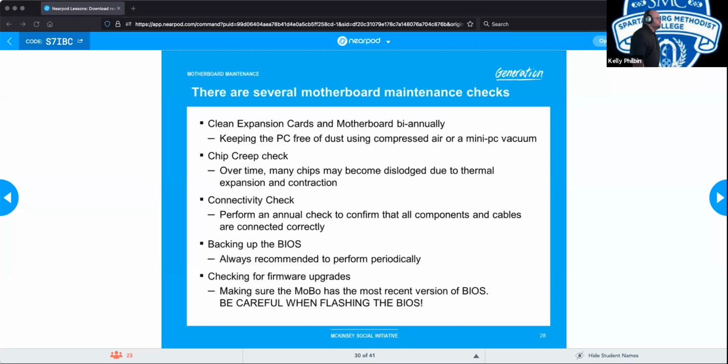Now, if you're servicing PCs at houses, cleaning out the PC is more important because you tend to have a lot more dust and debris, especially if they are keeping the tower on the floor. Another big thing is pets. I mentioned this earlier. Cats are the biggest offenders because they like nice warm places.